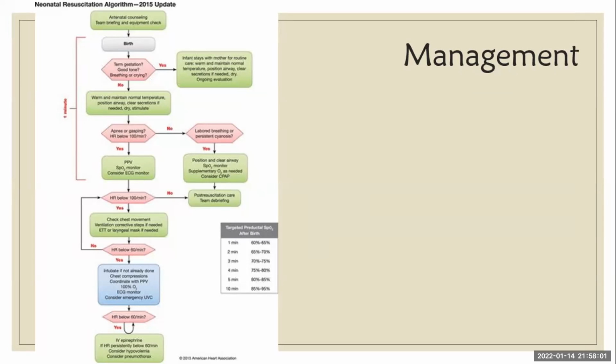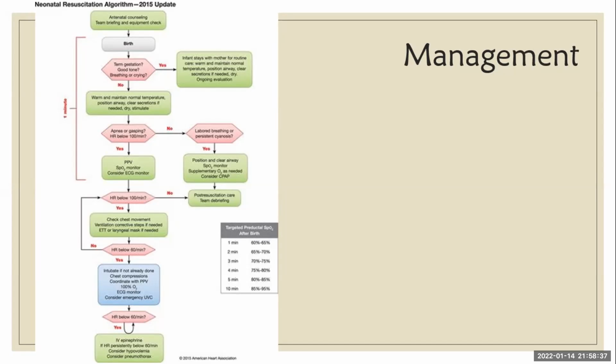Let me clarify a few things because you are saying a bit wrong. First one, resuscitation should never depend on the APGAR score. The APGAR score is not for you to determine which baby needs resuscitation. The APGAR score is just useful for prognostication and further management, like if you want to do cooling therapy and so on.